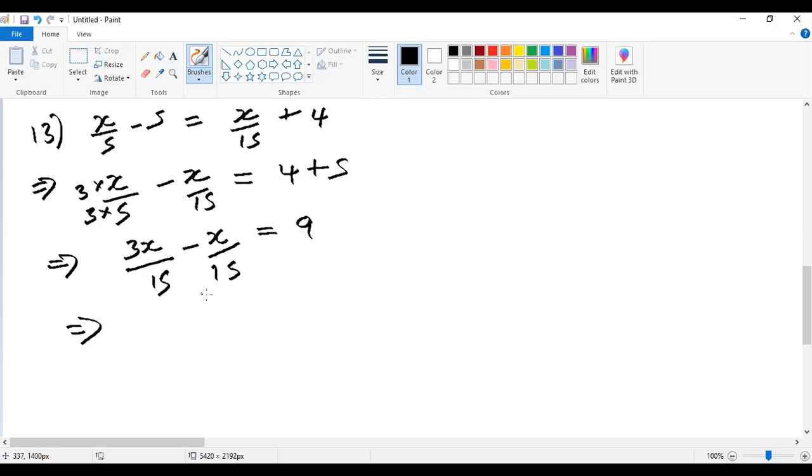And now I can simply work out the numerator and keep the denominator. So this now becomes 2x over 15 equals 9. So we have 2x over 15, multiply both sides by 15. So 9 times 15. What's that?